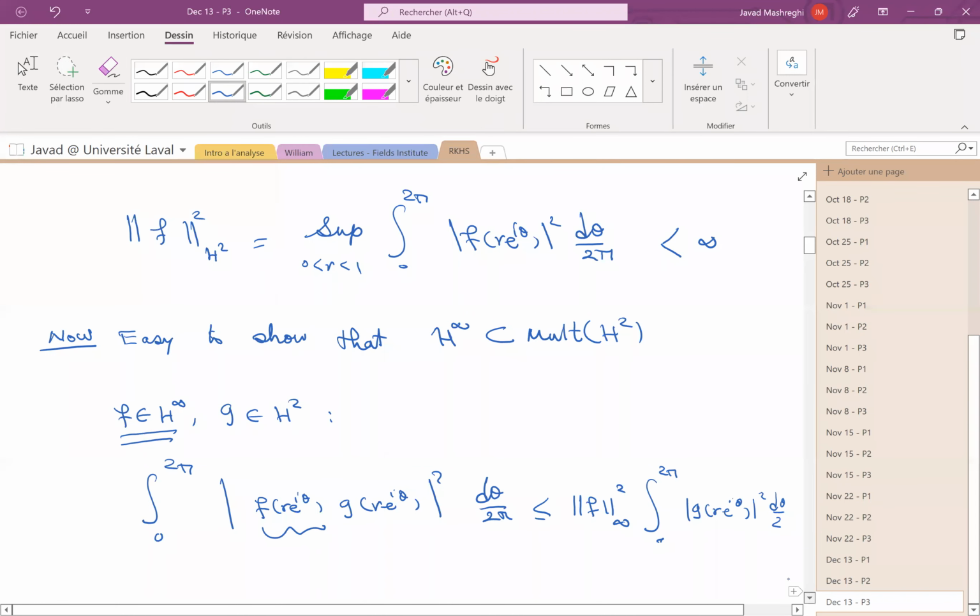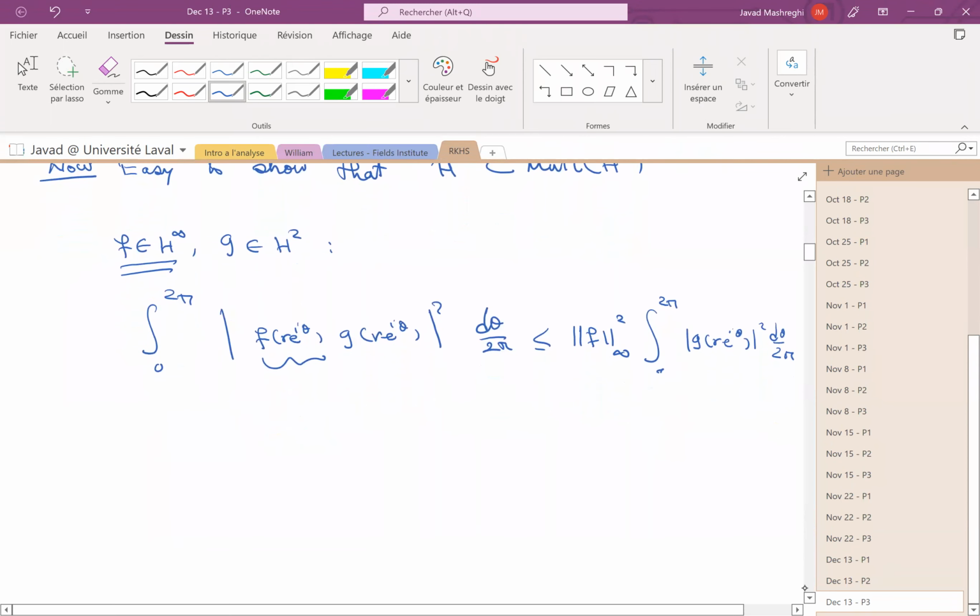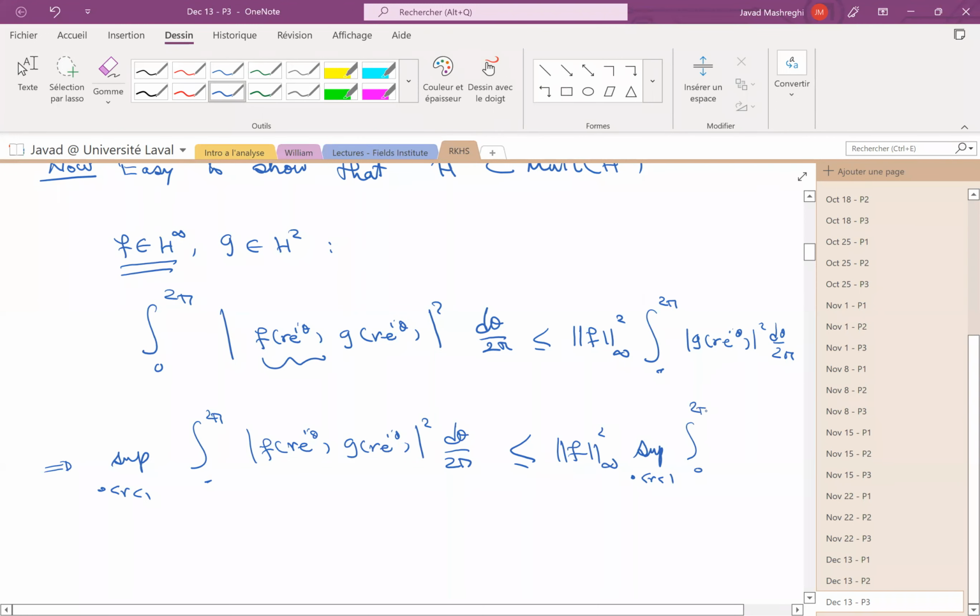And then take the supremum with respect to r. So the sup over r of the integral of |f g|^2 dθ/2π is less than or equal to the supremum here over the integral of g. And this supremum is the norm of g in H2 squared.